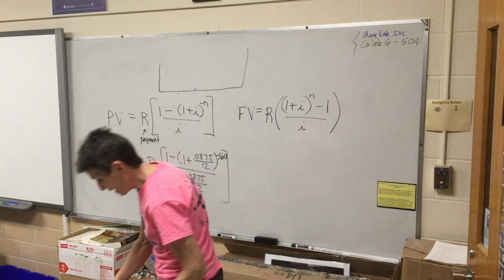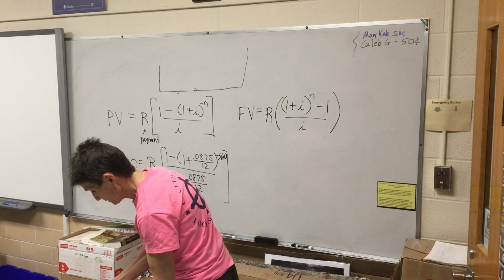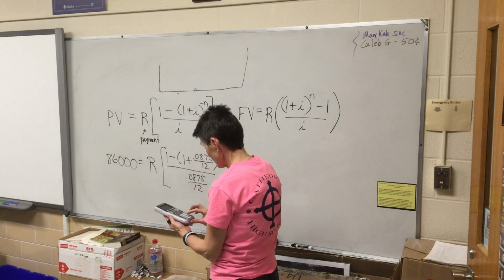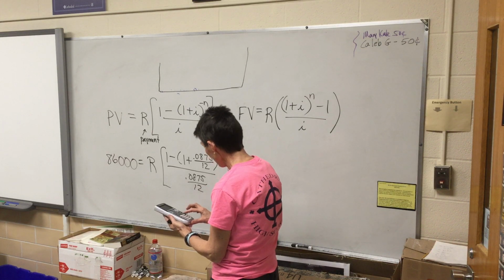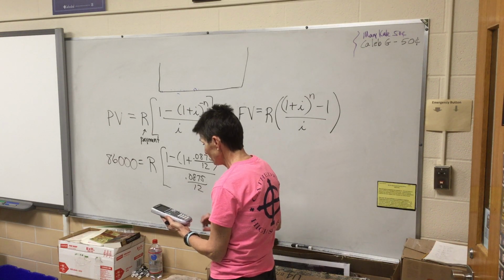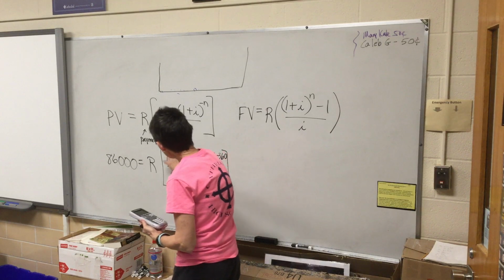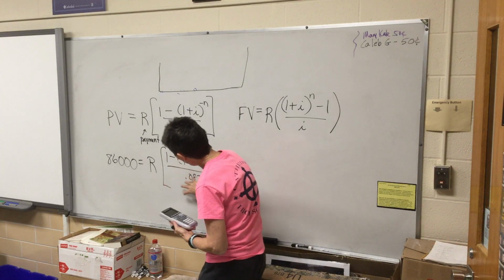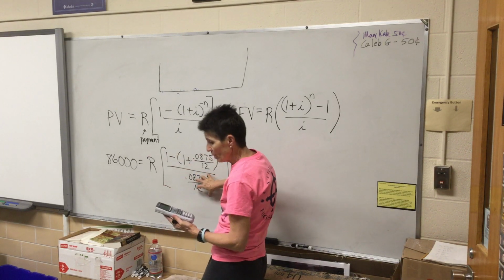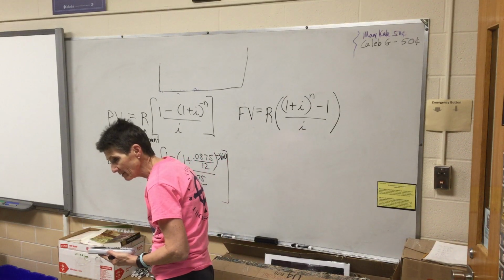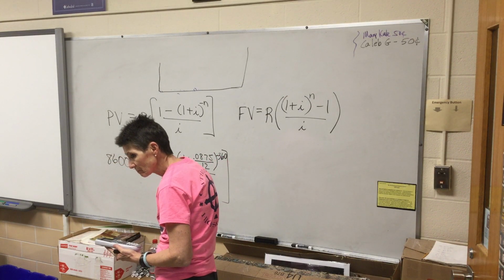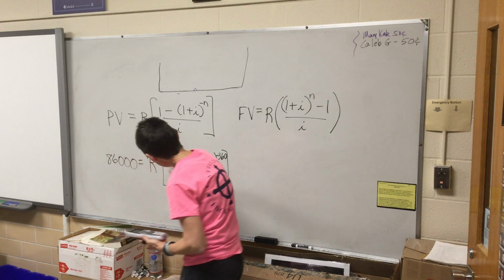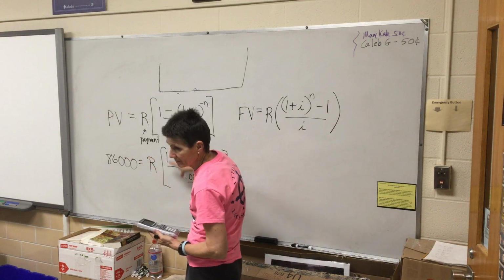Now we're going to hit divided by parentheses 0.0875 divided by 12. And now you have the value of the whole bracket here, which is about 127. So this is 127.